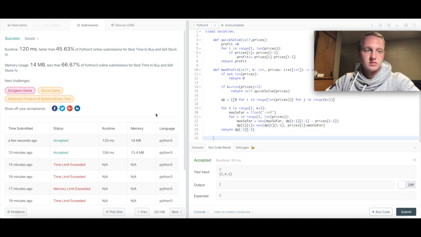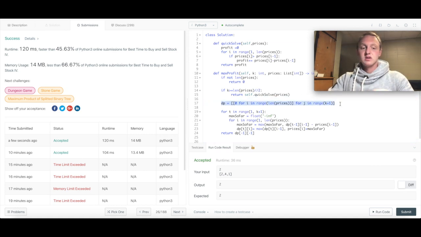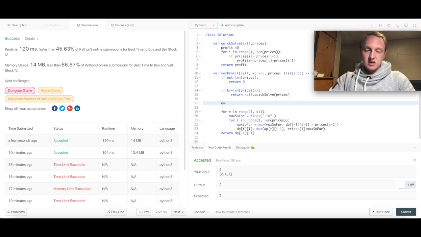solution is successful. Is there any way to improve this solution? Actually, there is, and the logic is pretty much the same as for the previous one. We're not using the whole dynamic programming array, we're just using the 2 last layers. So instead of defining the whole array and keeping everything in memory, we can define even and odd.